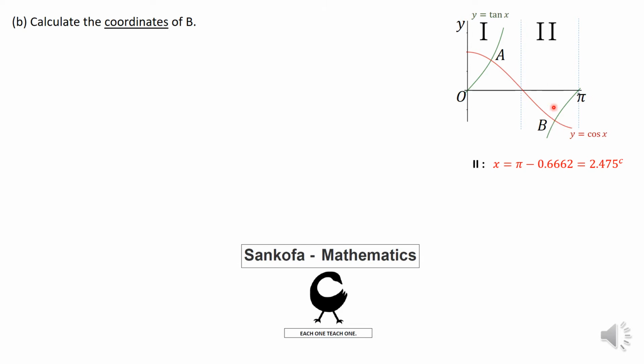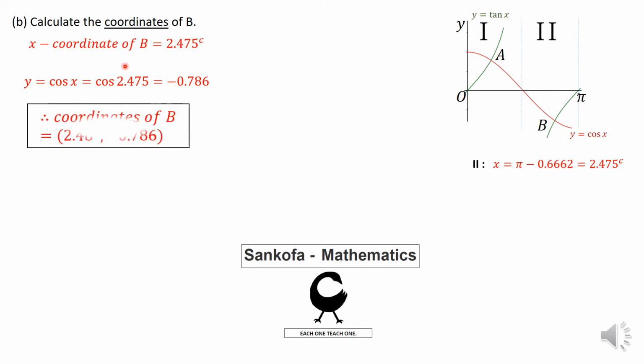Okay, so that angle is 2.475 radians, but we are not only looking for that angle, we are also looking for the y value. All right, so substitute then into y equals cos x, so that you can find what the output is. Okay, so once you do that, you're going to get negative 0.786.